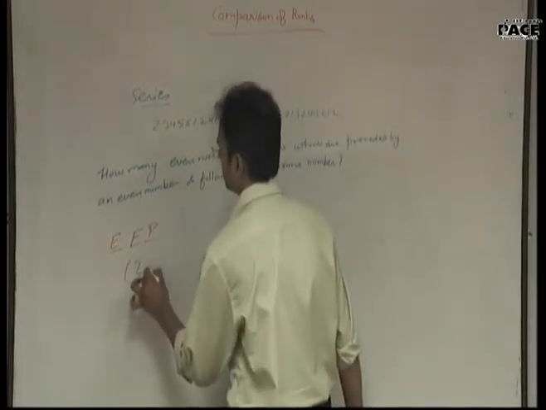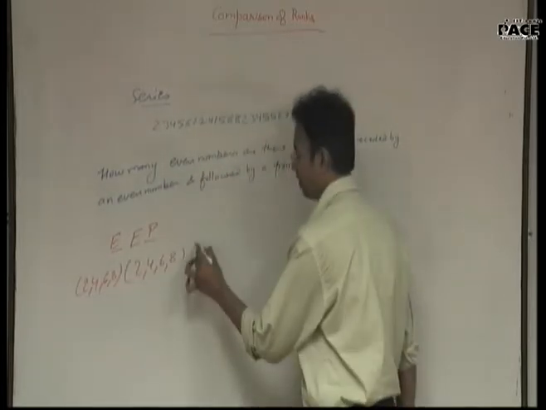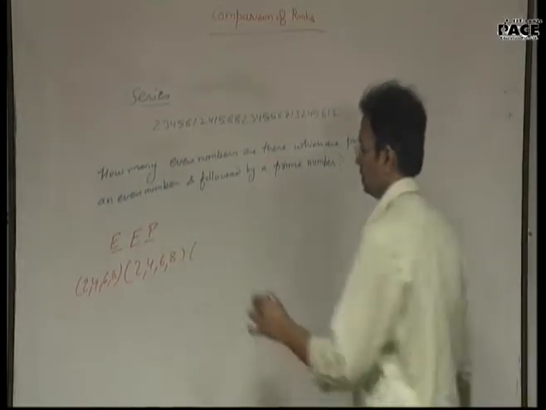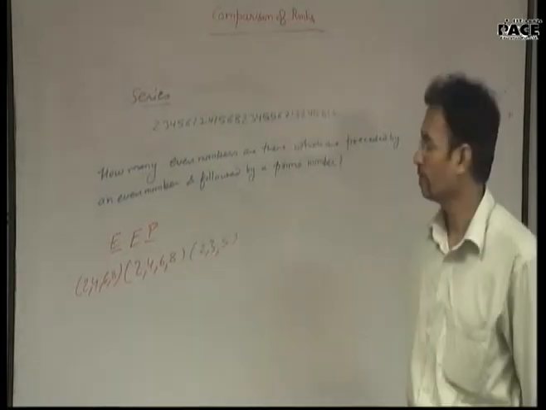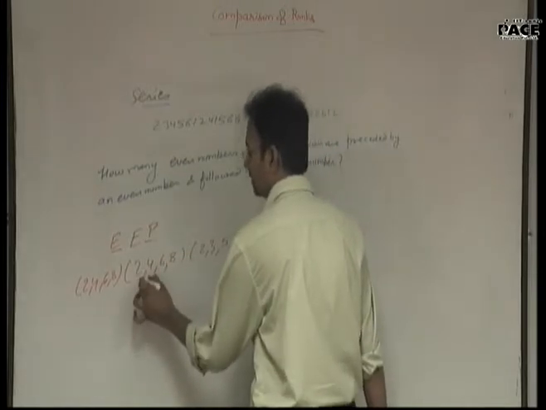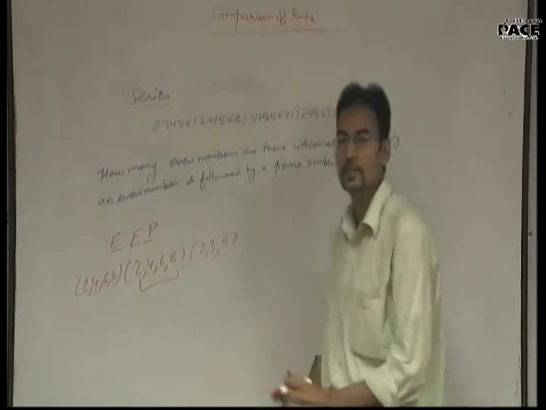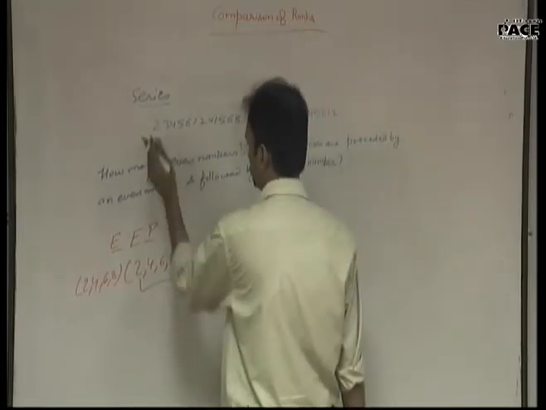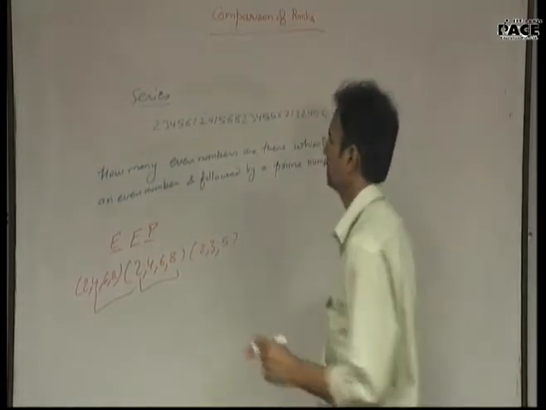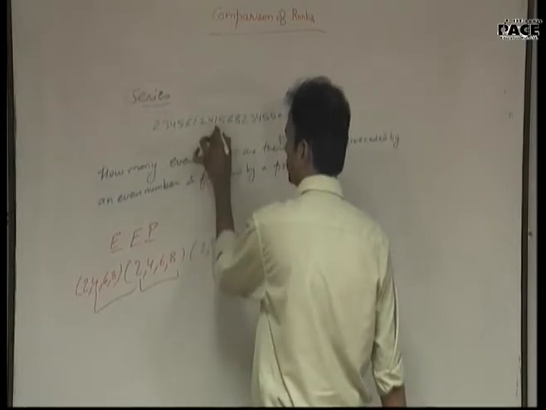Even numbers are 2, 4, 6 and 8. But prime numbers are, one is neither prime nor composite. So 2, 3, 5. Now, we have even number in the center and also even number ahead of it. So two even numbers together we have to find, followed by a prime number. So two even numbers together here, but this is not followed by a prime number.